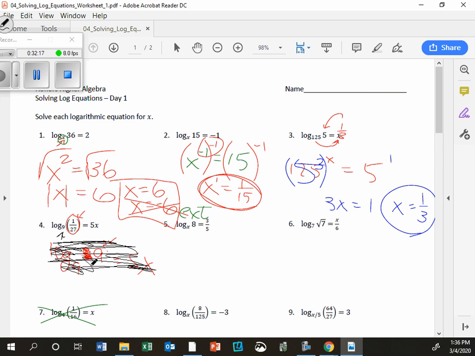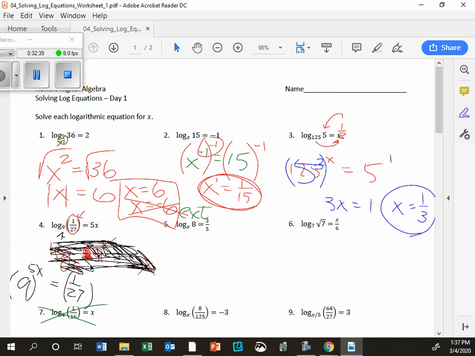I'm going to do the rewrite first, okay? If we rewrite it first, it'd be 9 to the 5x is equal to 1 over 27. Then we could do that thing where both of them could be rewritten as a base of 3. That might be the easier way to go.